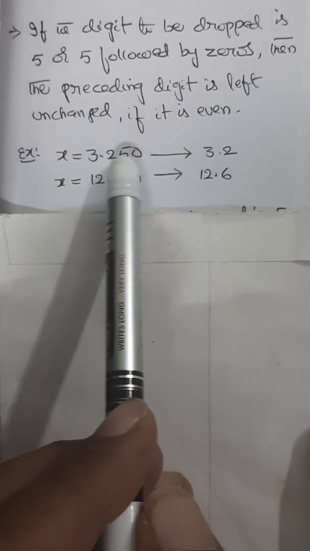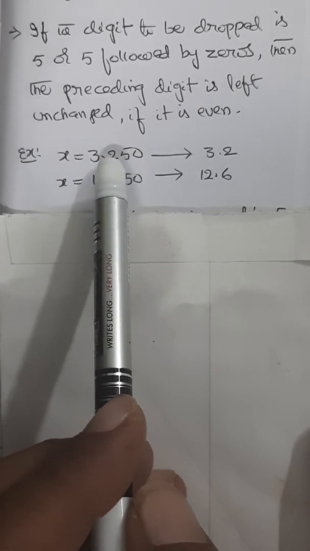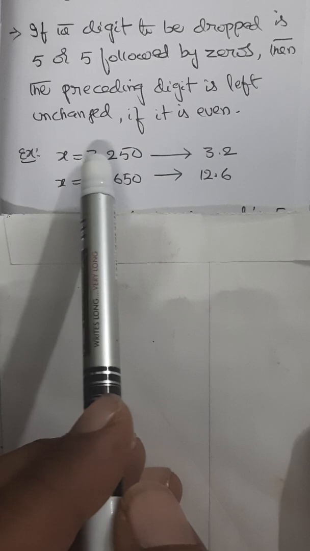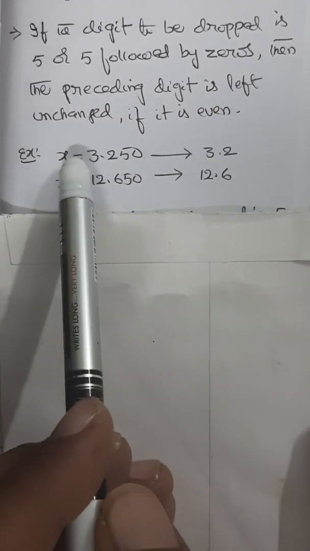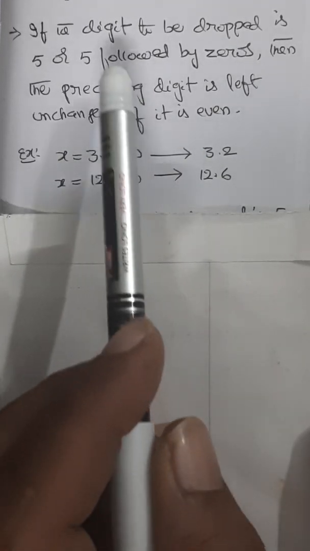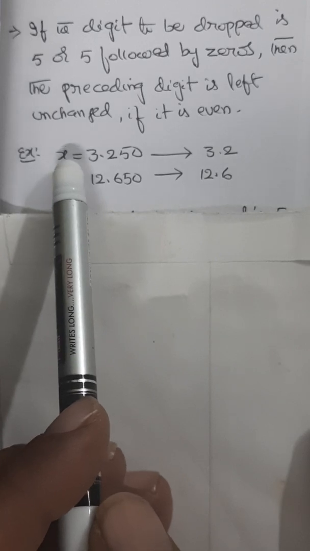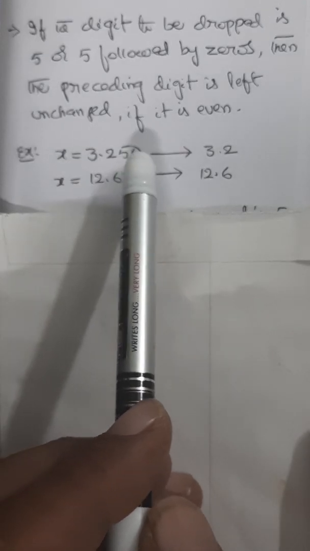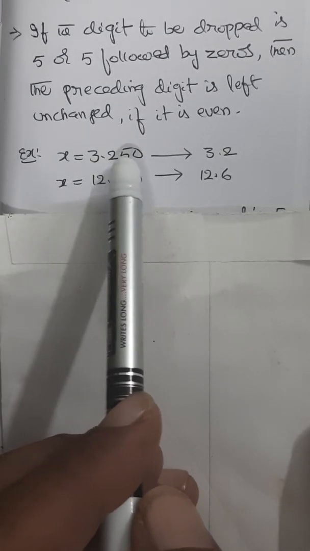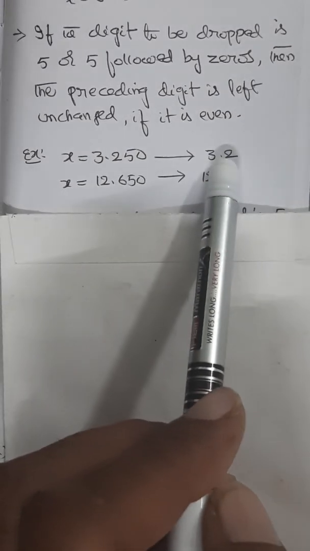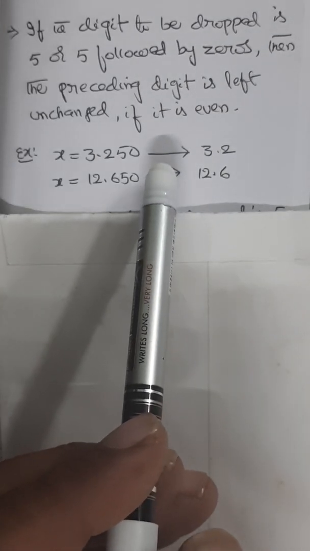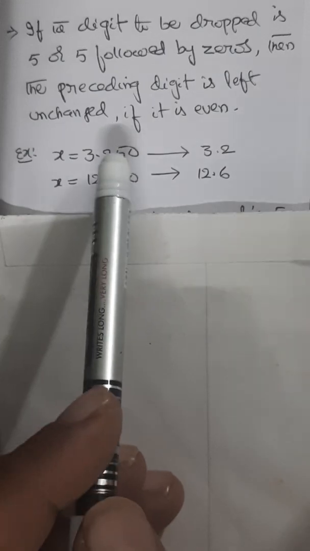So therefore, this number is even. 2 is even. Therefore, you can leave it like that. So if you apply this rule, the observed value x equal to 3.250 is rounded off as 3.2. To confirm this idea, let us take yet another example.